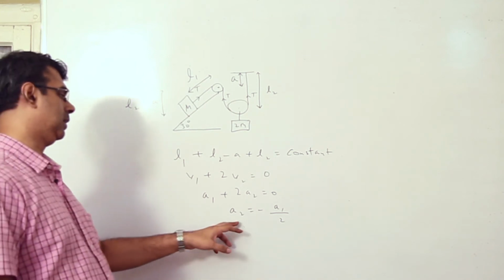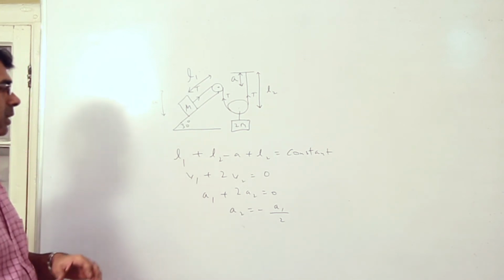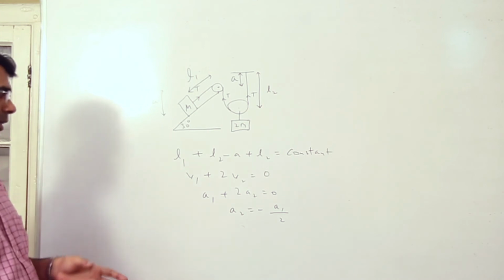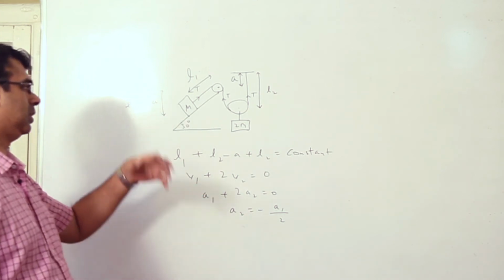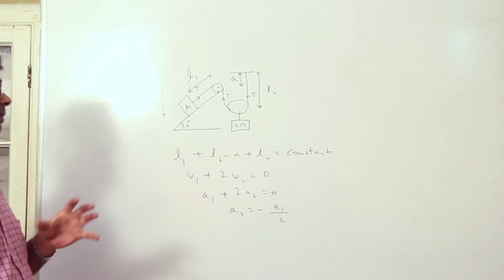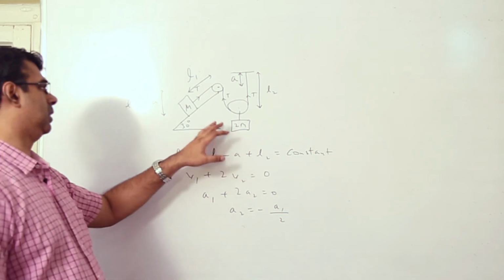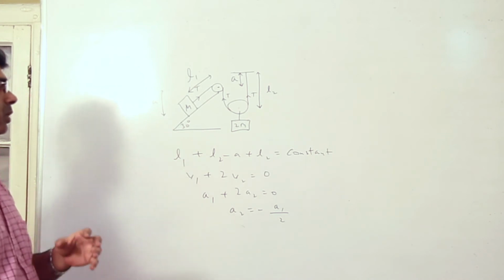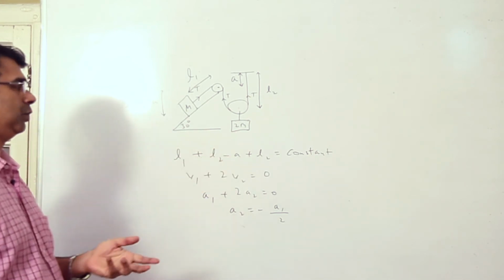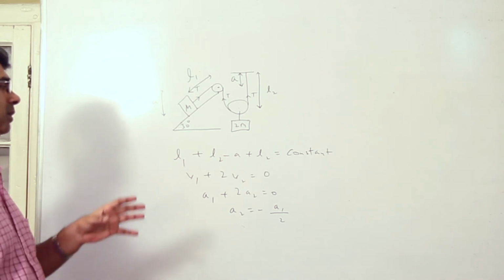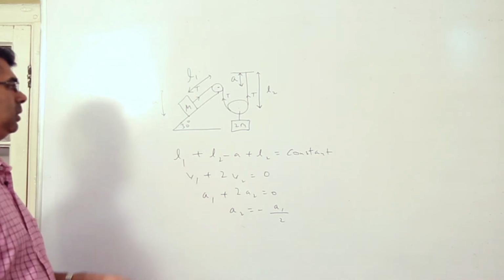So that is why the minus sign is to be interpreted in that sense. It has no other meaning. So how exactly will we carry this information while doing the sum? We will simply say that the acceleration of this block is equal to, suppose, A, then the acceleration of this block will be half of A. That is all that we will carry from this equation.